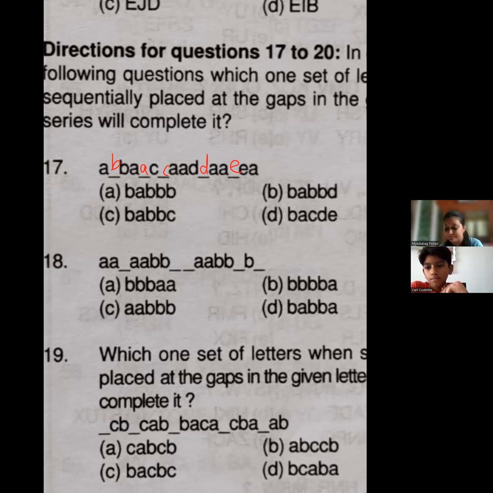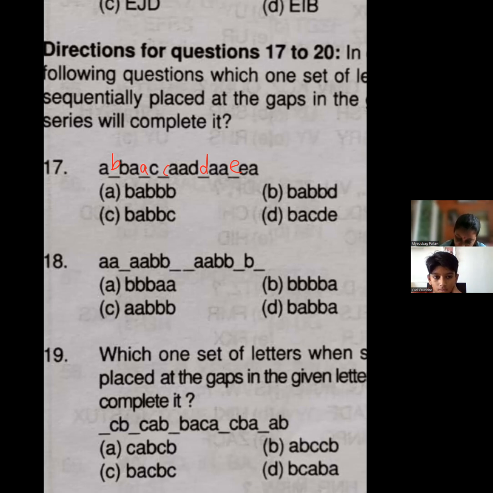Yeah, actually, correct. So, you tell me first, what pattern do you see? And I'll tell my observation. Like B is between A, and then C is between A, then D is between A, and then E is between A. That's correct.